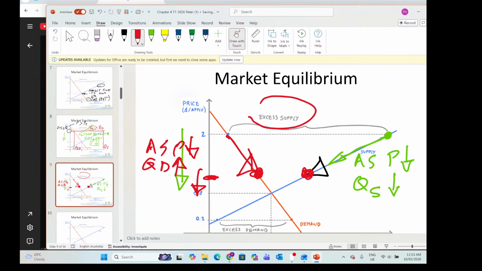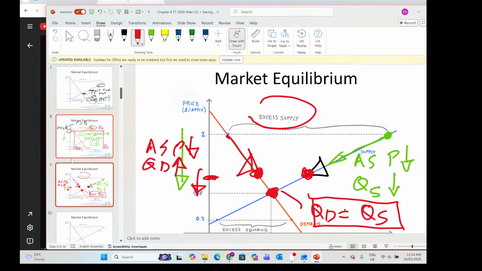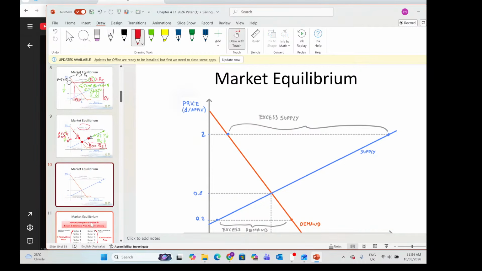The price will fall again, and only when it gets to the equilibrium. What's going on at the equilibrium? Now, the quantity being demanded is equal to the quantity being supplied, and there's nothing to force any change. There's no force now to force a change because there's no excess supply causing firms to compete against one another and drive the price down.